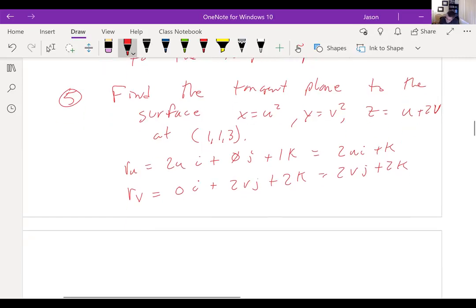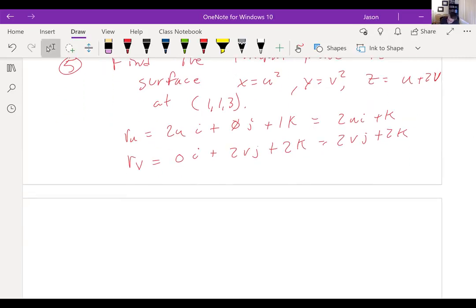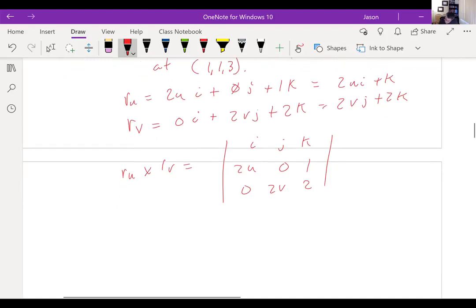So let's do the cross product of this. r_u cross r_v: i, j, k, with 2u, 0, 1 and 0, 2v, 2. So what's this going to be equal to?